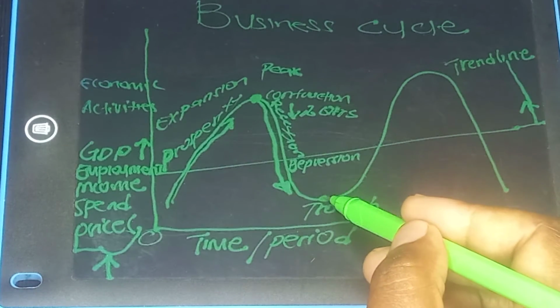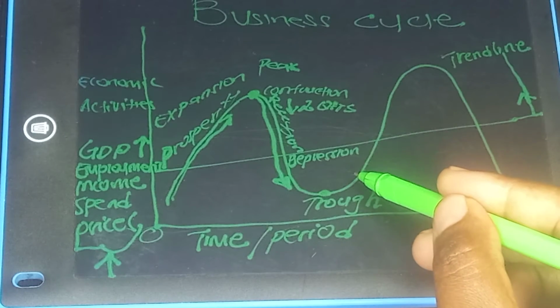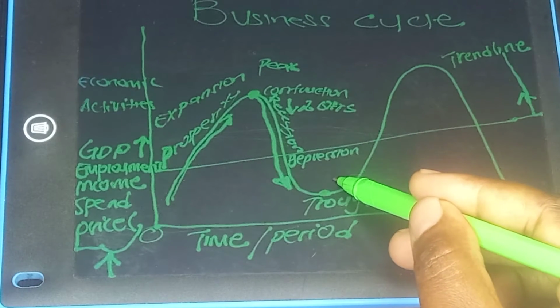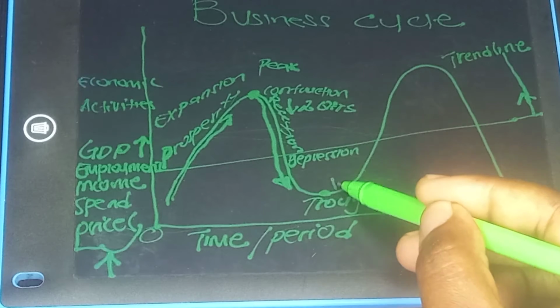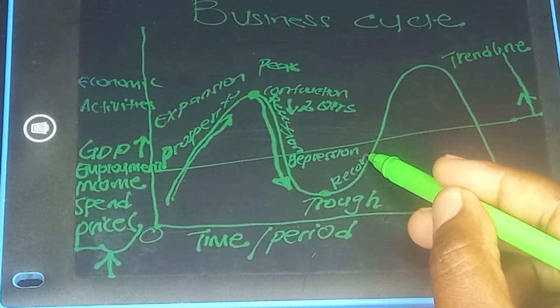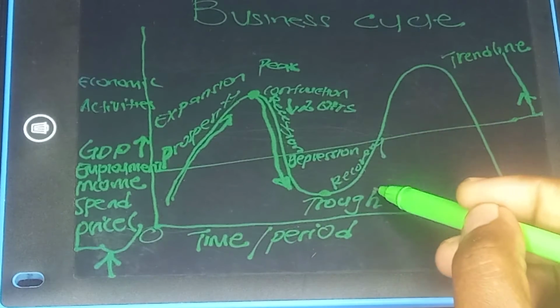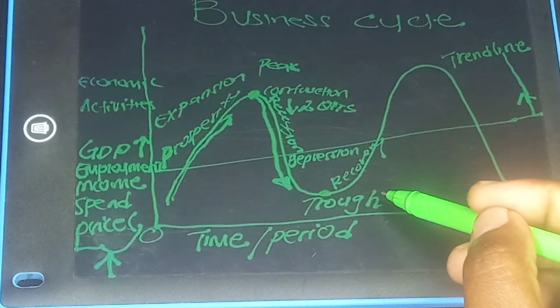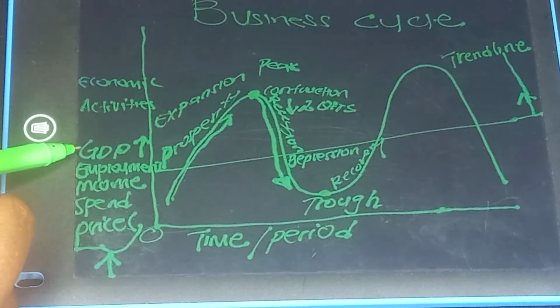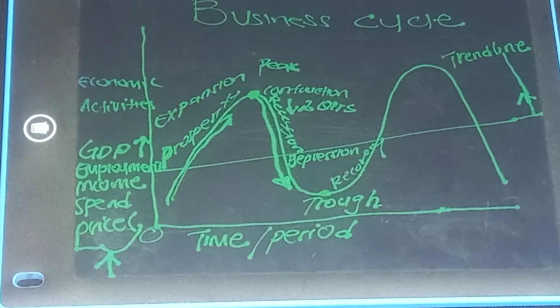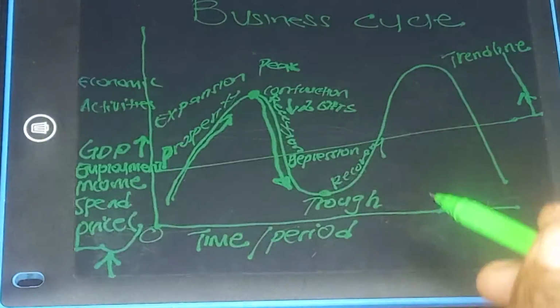Now, after the trough, we go to what we call a recovery. Recovery is when the economy is recovering. These aspects start to increase, not extremely, but they start to increase. GDP starts to increase, employment starts to increase, and income, spending, and prices.